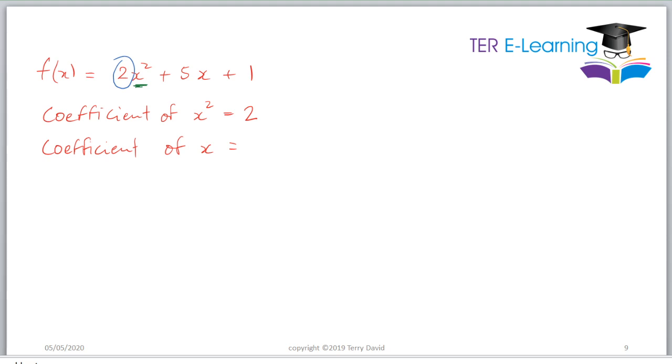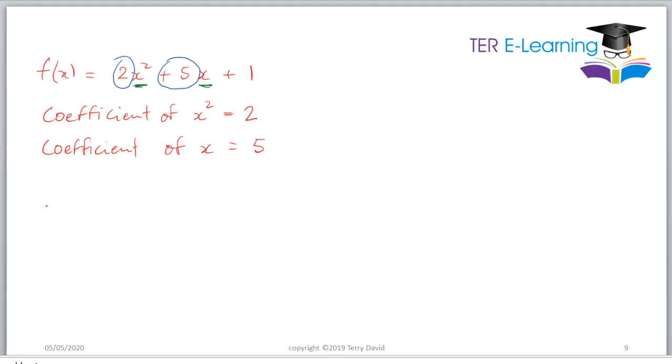Alright, seeing some answers coming in, people saying 5. All you have to do is identify where my x term is. This is where my x term is. We're looking at the number just in front of it, and we must include the sign. Keep in mind, we must include the sign. So in this case, our coefficient of x is plus 5.